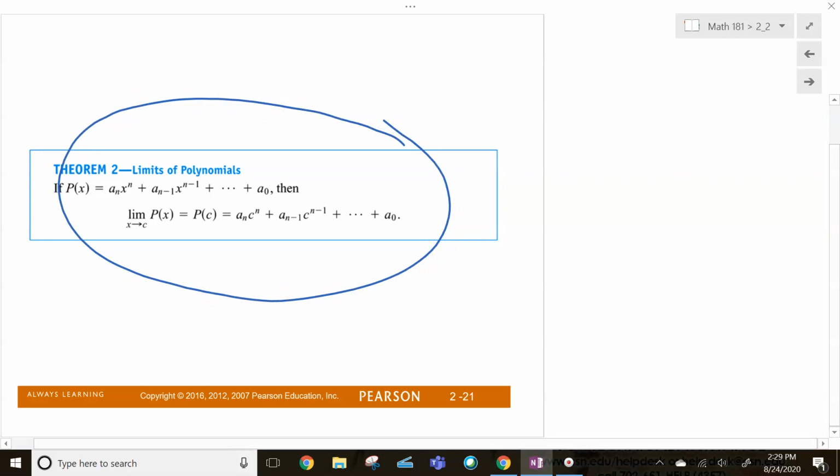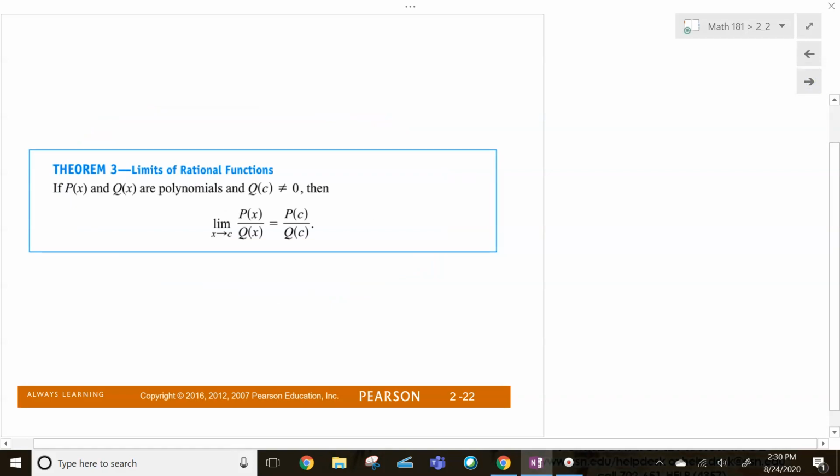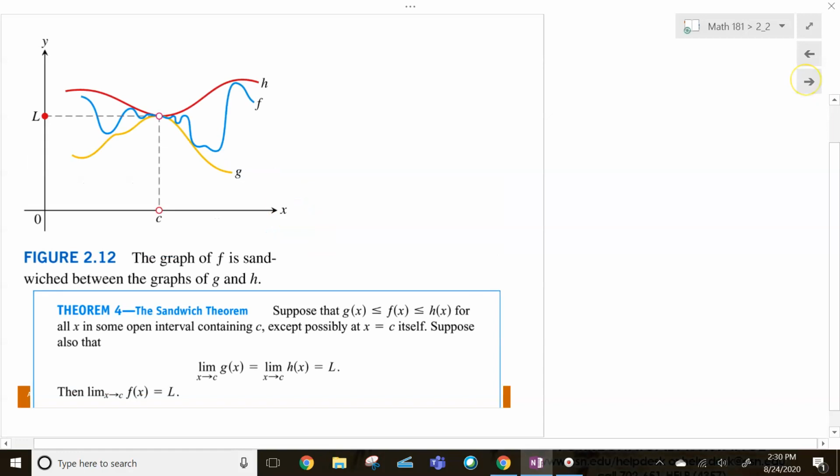Being continuous, when you run a limit on a polynomial, you can always just use direct substitution. With rational functions, you want to factor if q of c is 0, if the denominator is 0 when you plug it in. If not, then you can just do direct substitution. You can just plug it in.